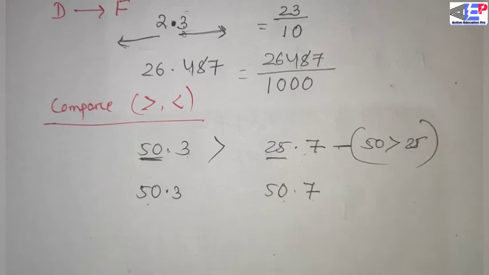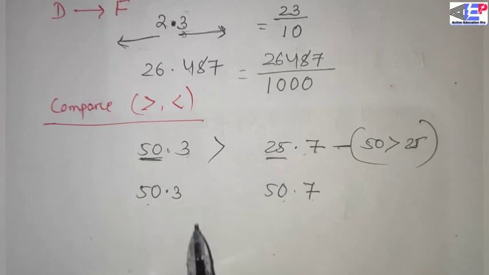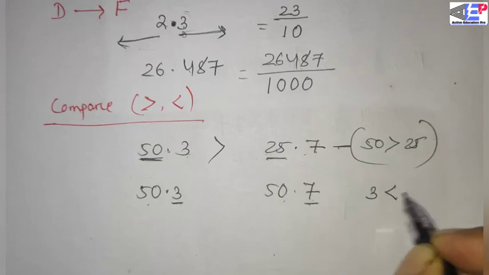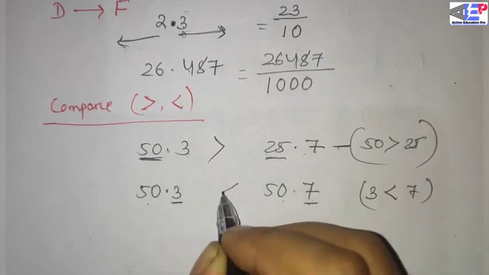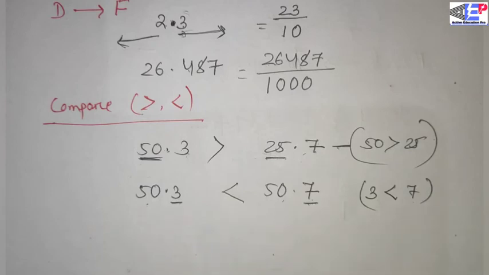Now how do we find which is greater or smaller? Here you have to check the digits after the decimal point towards the right side. Here it is 3 and this is 7, and you know 3 is smaller than 7, so 50.3 is smaller than 50.7.